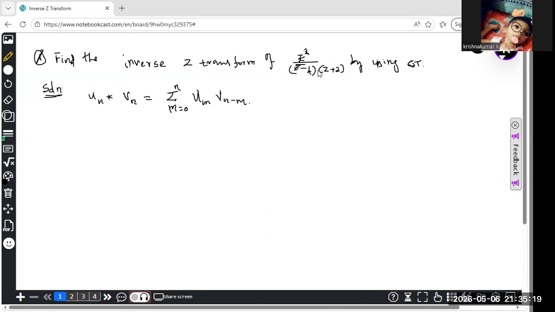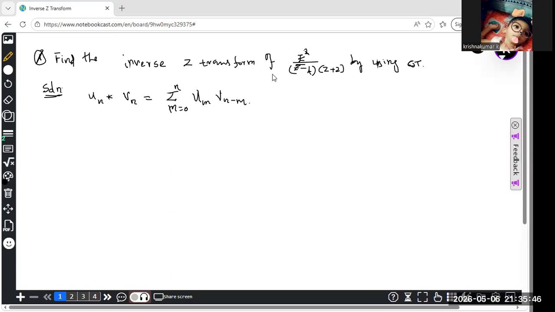As I told in the regular class, the inverse Z transform of a product of two functions is found by the convolution theorem. So here I am going to use the convolution theorem to find the inverse transform of this function.